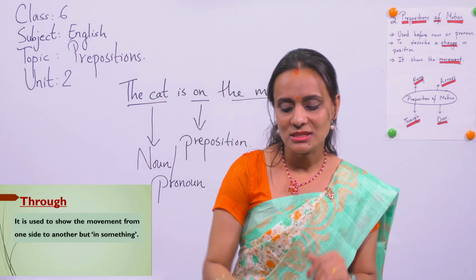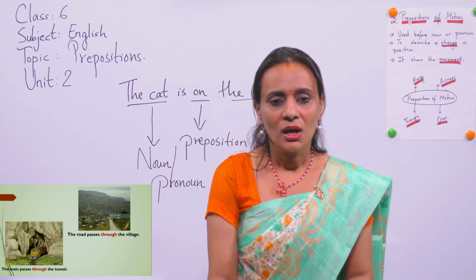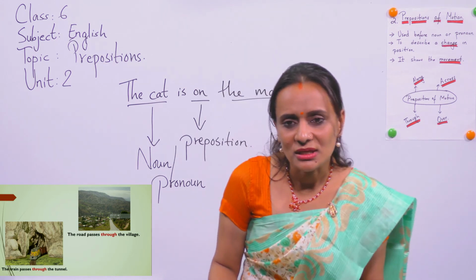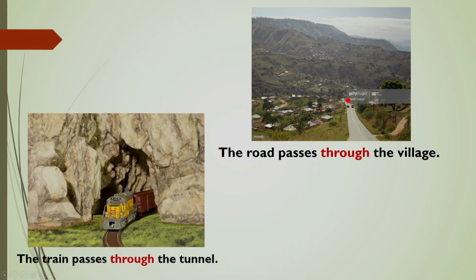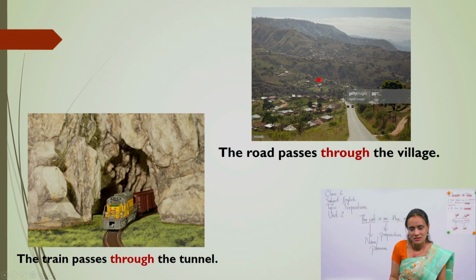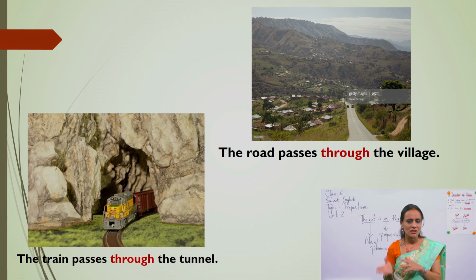Okay, let's see the examples. What can you see in two pictures? In the first picture, we can see the road and there is the village, isn't it? Here we can see the train and there is the tunnel. The road passes through the village, because the road is passing in something, and that something is the village.